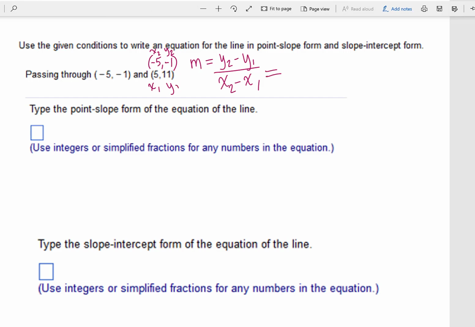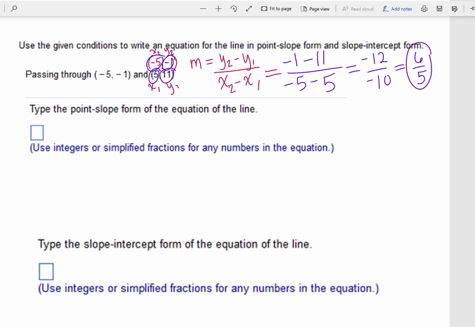So when I go to fill this in, y2 minus y1, and then x2 minus x1. I get negative 12 over negative 10, and that simplifies to a positive 6/5. All right, so that's my slope.